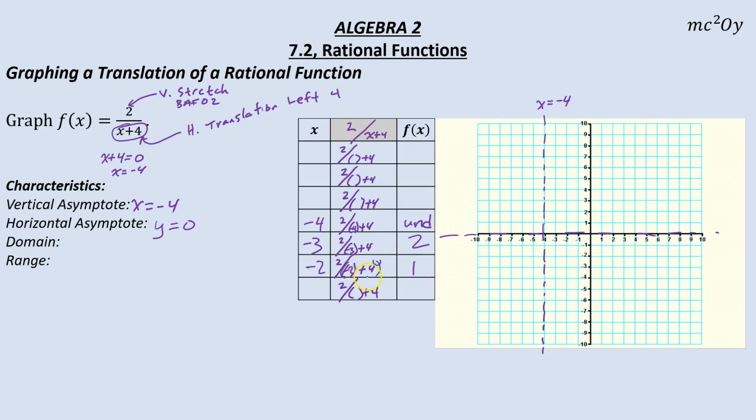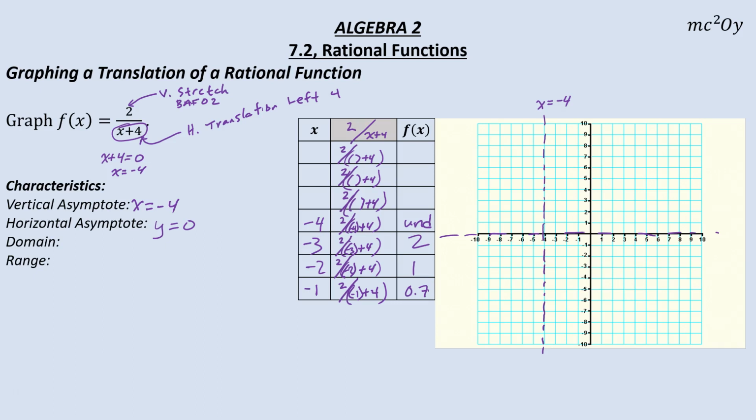So keep in mind this whole thing's in the denominator. Boy, it might be better to put some parentheses around those so you remember that. I've almost made that mistake going through it here. Okay, and we put -1 in. -1 plus 4 is 3, and so we get 2/3, or rounded to the nearest tenth, 0.7.